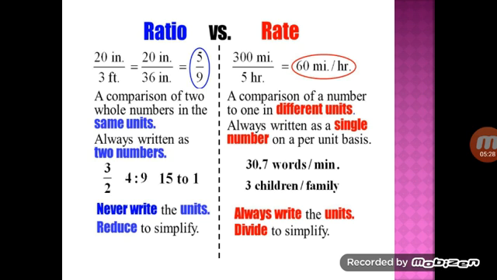We divide the numerator by the denominator, and the result is 60 minutes per hour. A comparison of a number to one in a different unit is always written as a single number on a per unit basis, like 30.7 words per minute, or 3 children per family. Always write the unit. In rate, we write the units, divide and simplify.